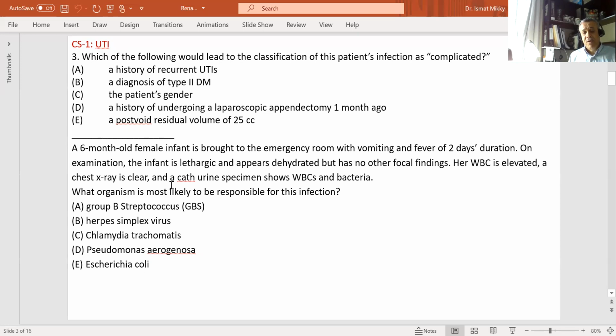Incomplete voiding, such as that seen in patients with a neurogenic bladder, prostate hyperplasia, or prostate cancer, all of these will be listed as a complicated UTI.